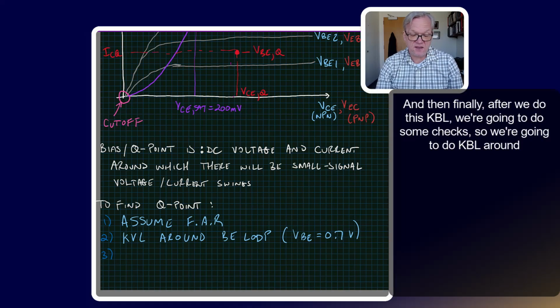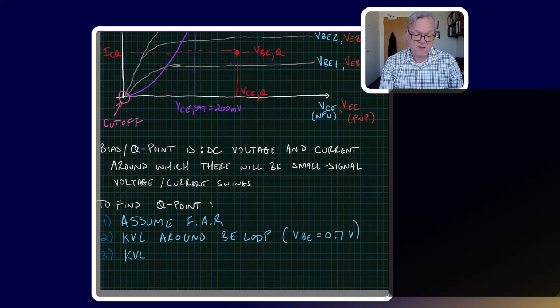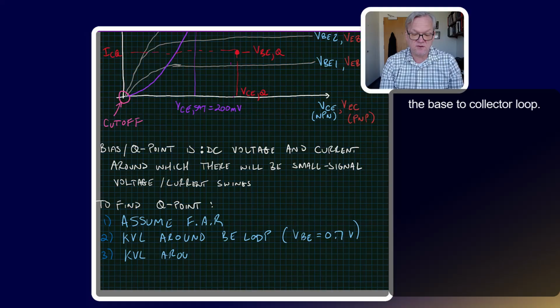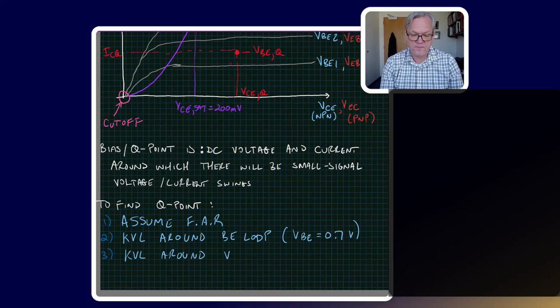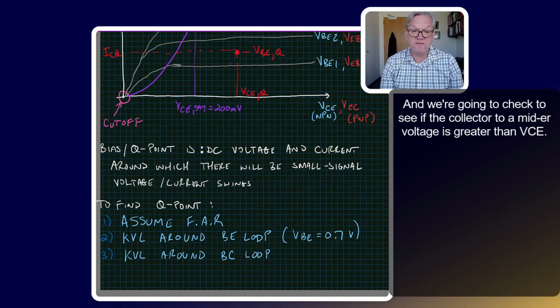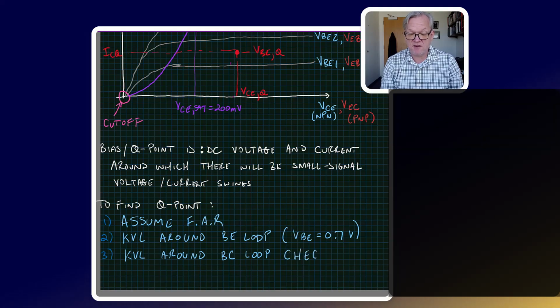And then finally, after we do this KVL, we're going to do some checks. So we're going to do KVL around the base to collector loop. And we're going to check to see if the collector to emitter voltage is greater than VCE sat.